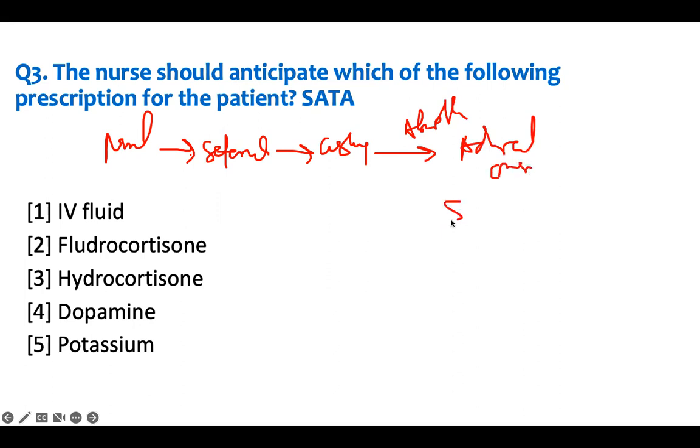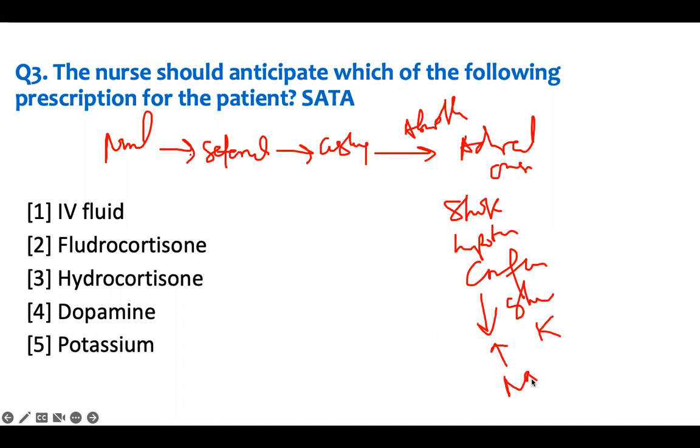They are in shock. They are like Addison. They are in shock, hypotensive. They are confused. Their glucose is low. Potassium is high. Sodium is low. So you've got to help this patient.